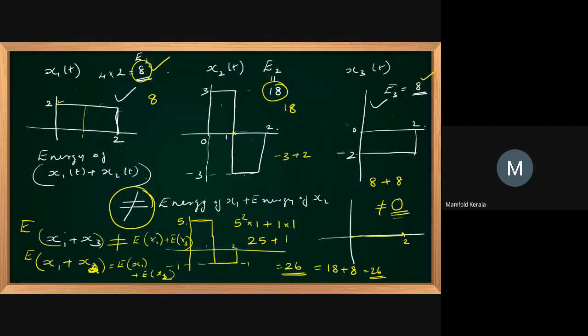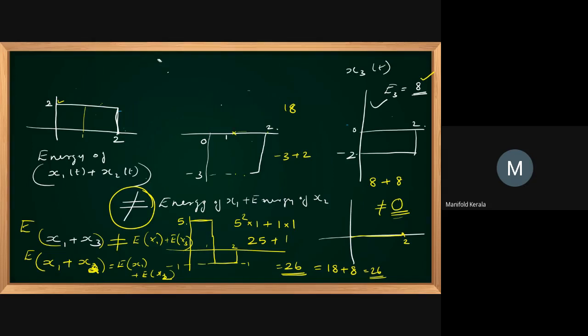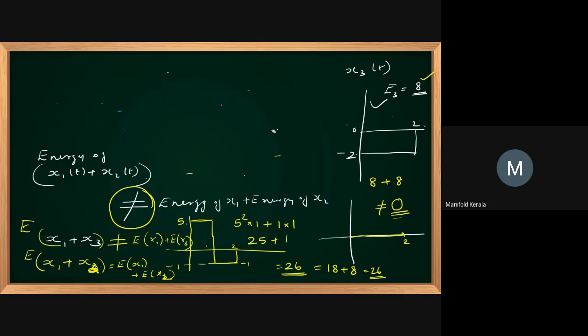I'll write that point here. That point you should always remember. From that point, you can easily answer some of the problems asked in competitive exams. The point is for orthogonal signals.